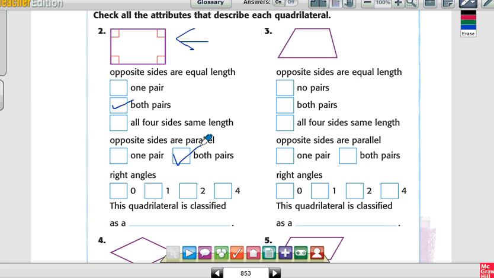How many right angles does that one have? 4. See? 1, 2, 3, 4. So this quadrilateral is classified as a, what shape is it? Yeah, rectangle.